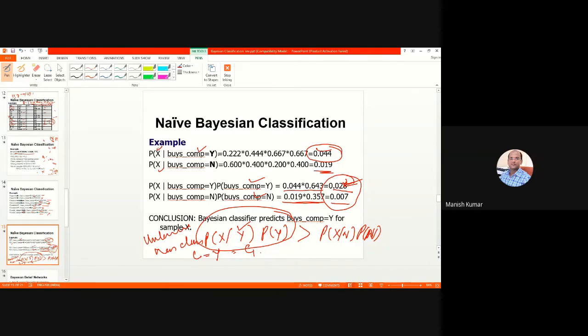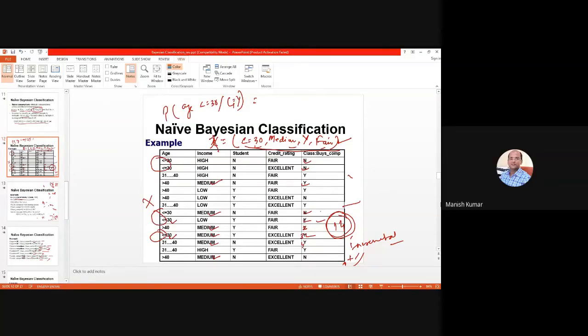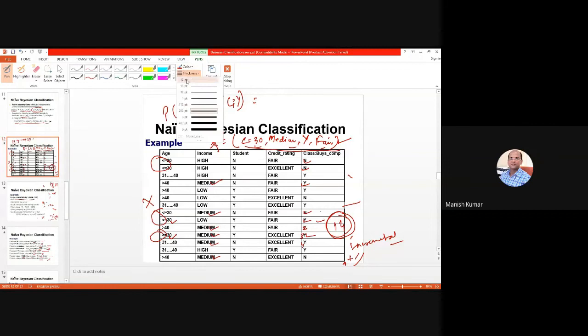The moment this unknown sample has a class, I can add this to the data. When the unknown sample has the class label, it will be added to this particular data, and instead of 14, now the instances will be 15.